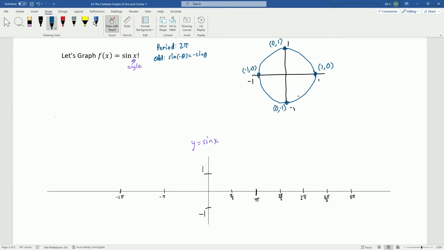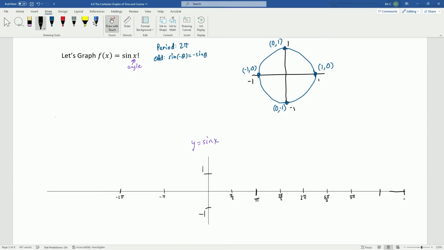So now we can pretty quickly plot these points, right? And this is a skill that, for dealing with these graphing sine and cosine functions and the transformations of these functions, we want the initial graph to be something we can do really quickly, because otherwise we're going to spend a whole bunch of time every time we need to graph these things.